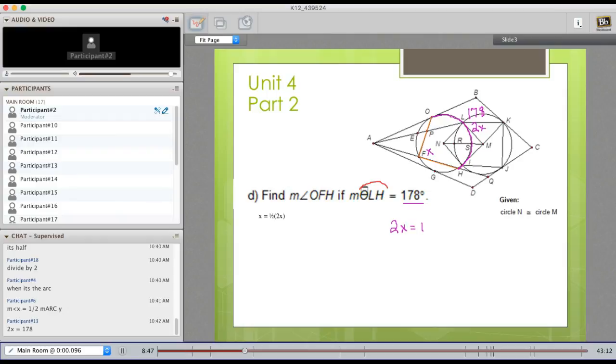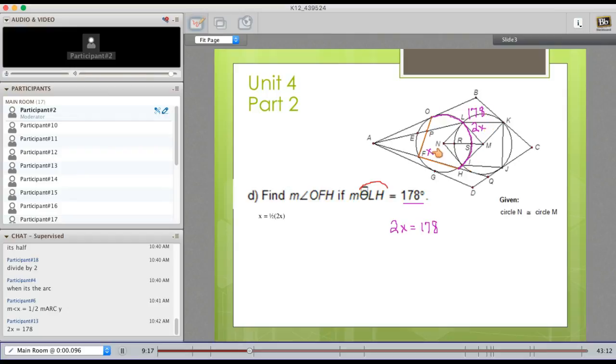2x and 178 are both the measure of the arc, and so they have to be equal to each other. If you think of it that way, first just label: my inscribed angle is x. The measure of the arc is twice that, 2x. Then put on what you know. Either you'll know the arc or you'll know the angle. Whichever one you know, make it equal to the x or the 2x. If you know the measure of the arc, set it equal to 2x.